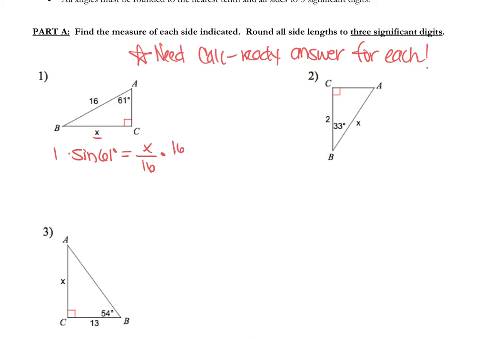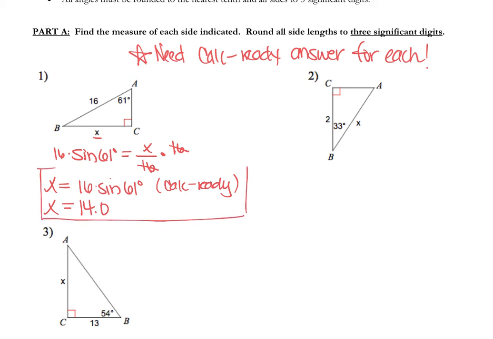So I'm going to multiply both sides by 16, so 16 cancels out on the right, and we get x is 16 times the sine of 61 degrees. This is calculator ready. Then I'll plug that into my calculator, and I'll round to 3 significant digits. So we get 14.0. So both of these are a part of my final answer, so I'll circle both.